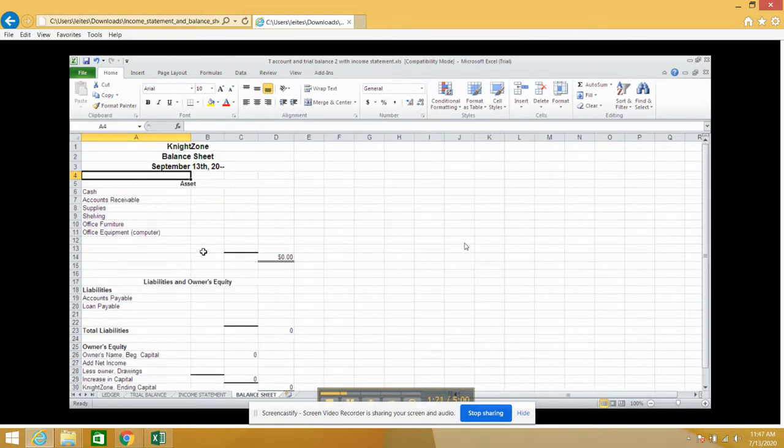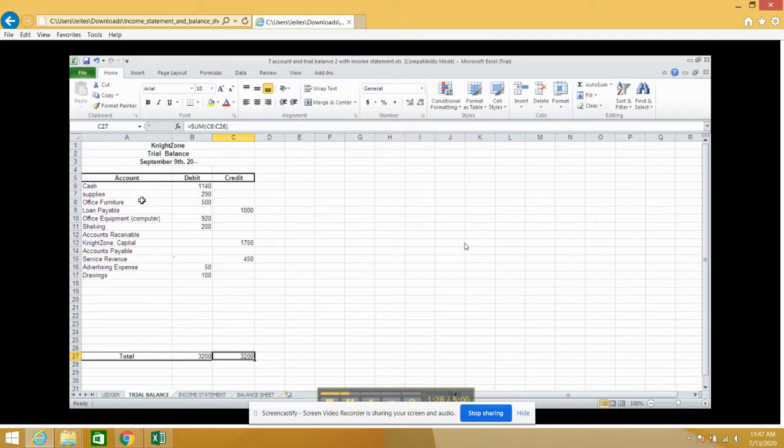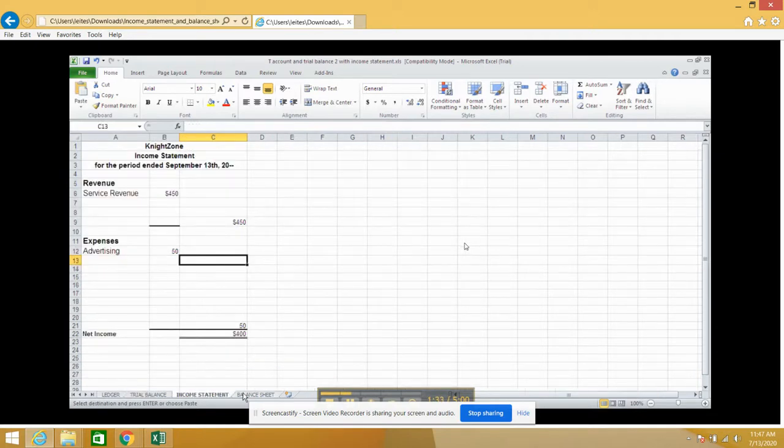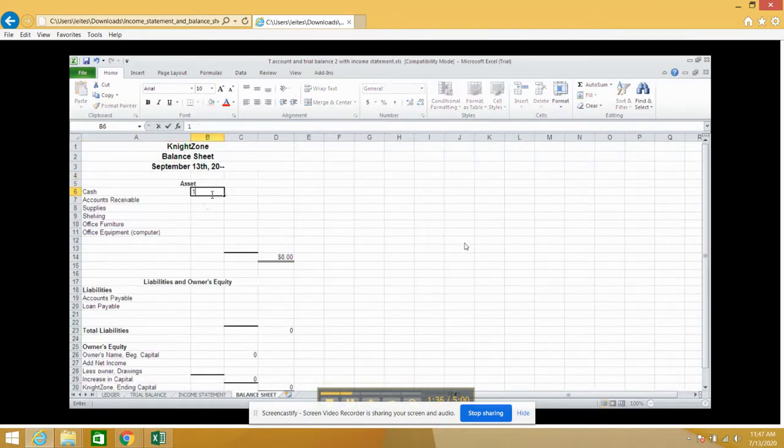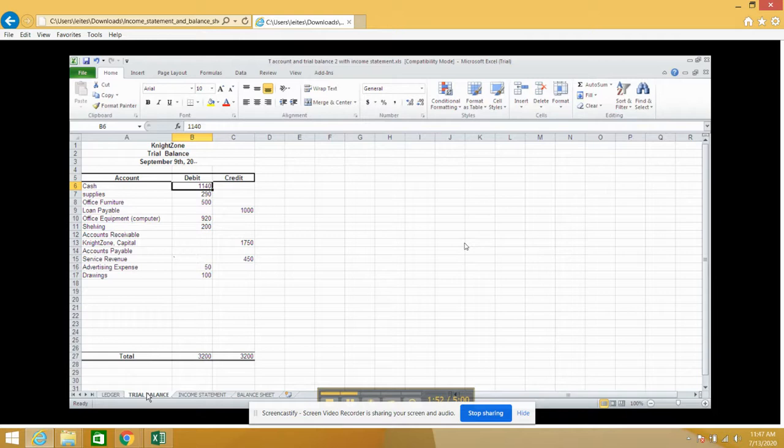So we'll look at the balance sheet, and we see that we've listed cash, accounts receivable, all the way down to office equipment. So we need to start bringing over some totals. We've got $1,140 for cash. And we'll look at accounts receivable. So we need to go back to the trial balance to get all of these totals. Accounts receivable is at 0. We have supplies $290.